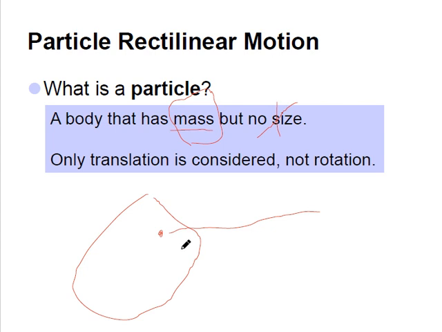And of course, when we study translation, you have to be very careful not to miss this fact. And the other one is it cannot rotate. Your particle cannot rotate.